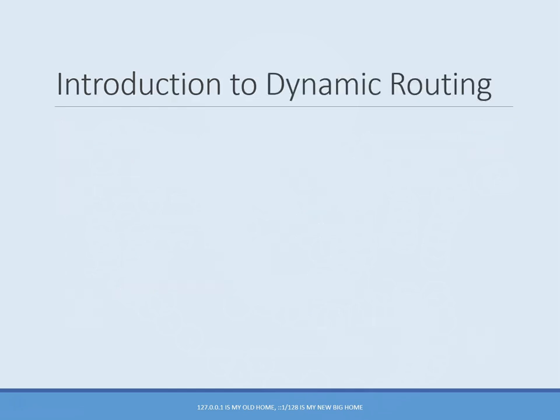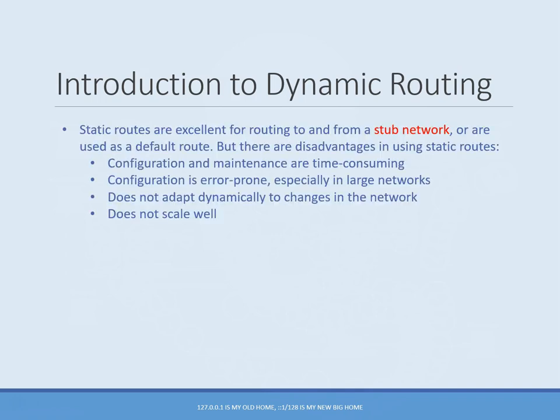Okay, now before we explain the dynamic routing protocols, let us go back to the static routes. Static routes are excellent for routing to and from a stub network. Okay, what is a stub network? A stub network is an internal network that carries data packets only among local hosts.